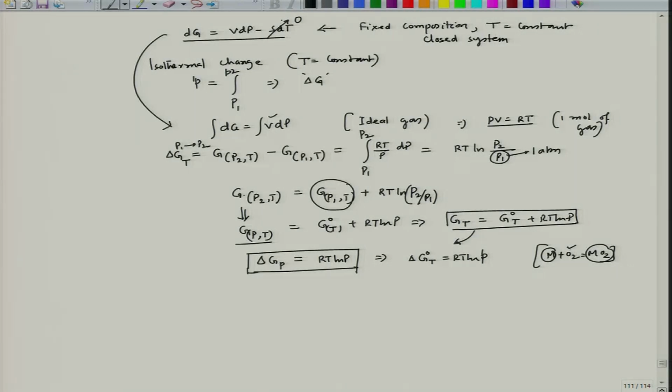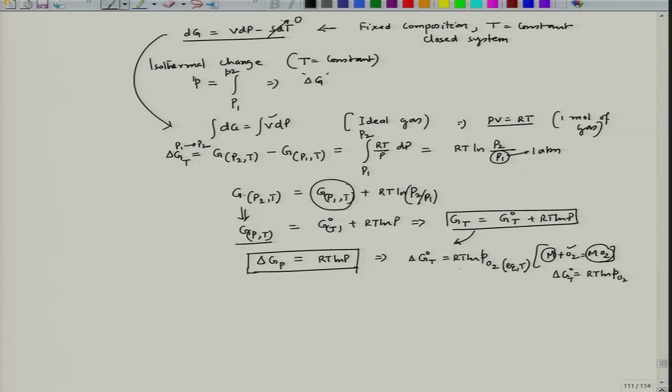The final equilibrium condition is given as RT ln PO2, which is the partial pressure of oxygen at the temperature of consideration.